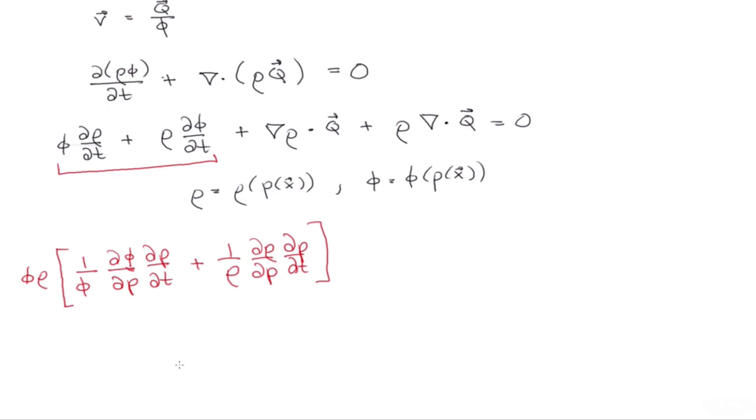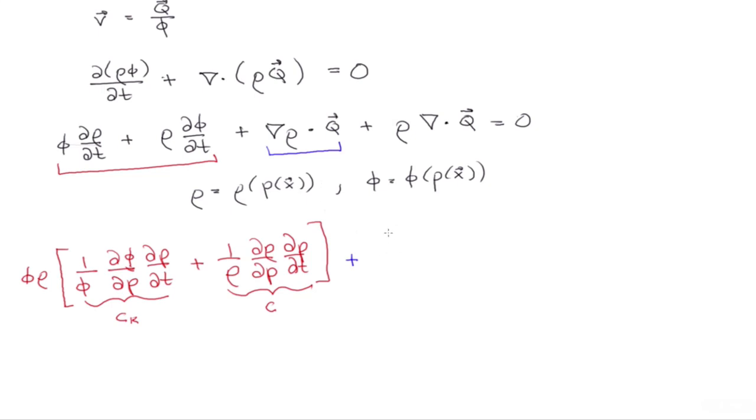All right. Well, if you remember from your petrophysics class, this is known as the compressibility of the rock, and this is the compressibility of the fluid. Okay. So now turning our attention to this term, we'll do the same thing in terms of using the chain rule with the knowledge that the density is a function of pressure.